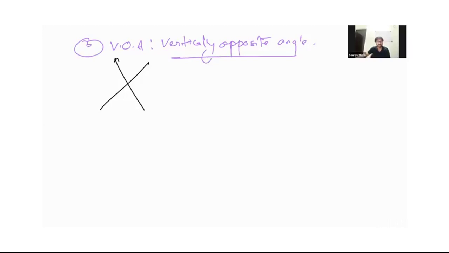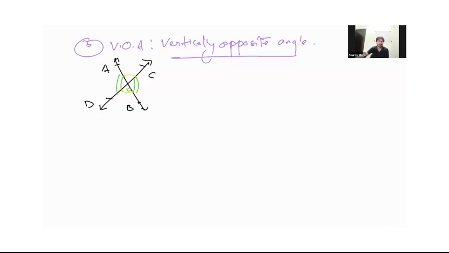Two lines will be intersecting. This is A, this is B, this is C, this is D. This angle will be vertically opposite to this, and this will be vertically opposite to this. So these two vertically opposite angles are equal.